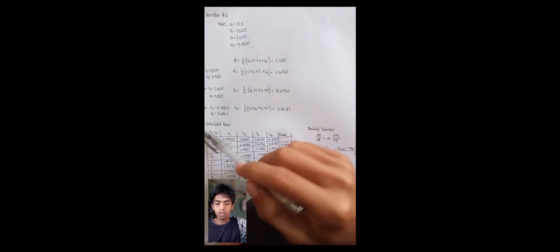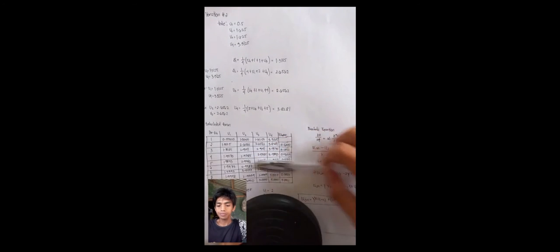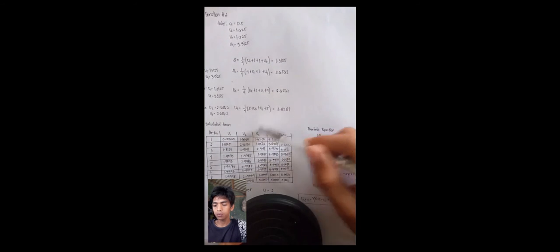Next, in tabulated form, we can input all the values we get to this table: u1, u2, u3, u4, and max error. We can input all the values to get the max error.